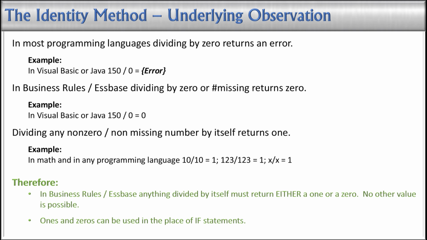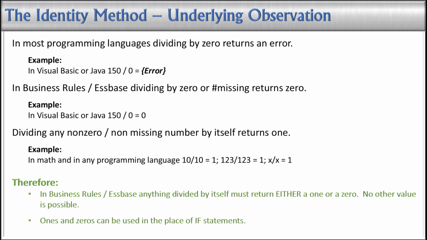Whether in a programming language or in math, dividing any non-zero, non-missing number by itself returns 1. So if I divide 10 by 10, I get 1. If I divide 123 by 123, I get 1. If I divide x by x, I get 1.